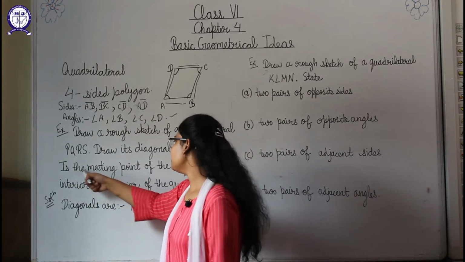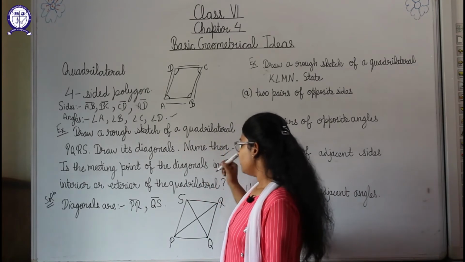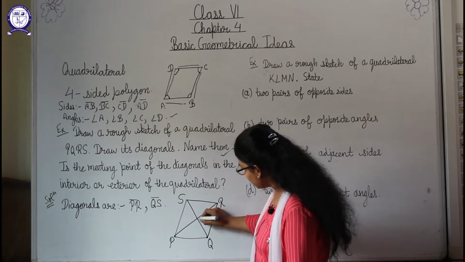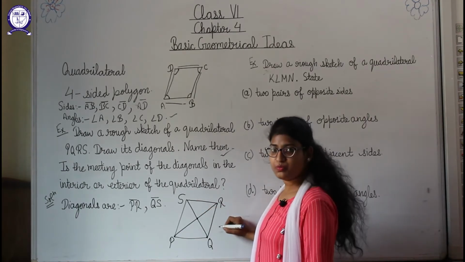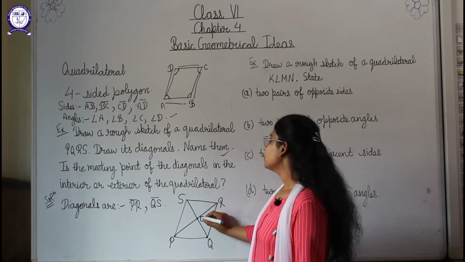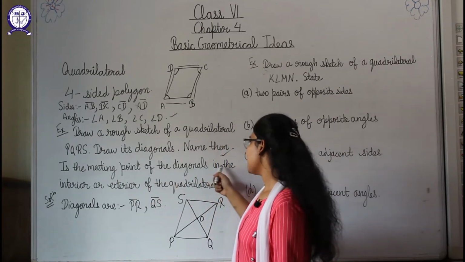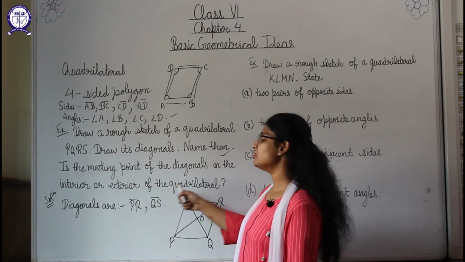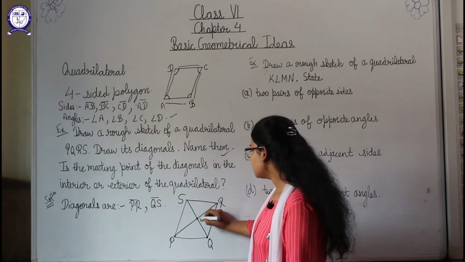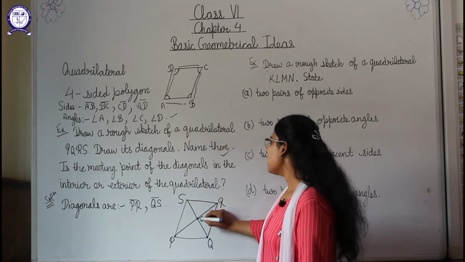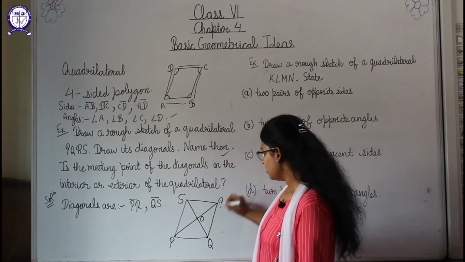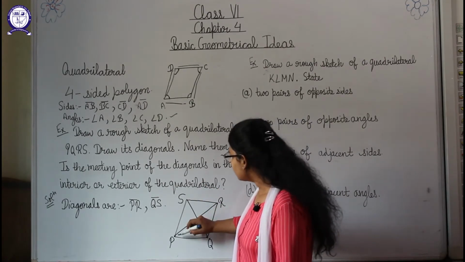Now next is the meeting point of the diagonals. Meeting point of diagonals means where these two diagonals are meeting. They are meeting here, or we can say this is the intersection point of these two diagonals and I am naming it as O. Okay, so we have to tell, is the meeting point of diagonals in the interior or exterior of the quadrilateral. So students, this is the quadrilateral here, the meeting point is this point O. Suppose here this is the quadrilateral, so what is the interior part?